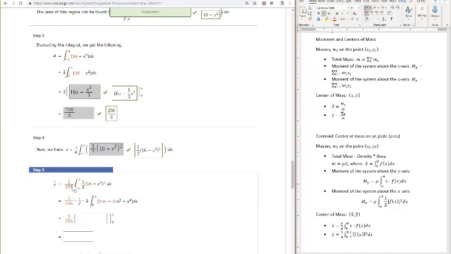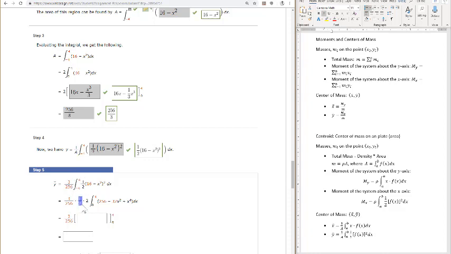So we're going to use symmetry again. Let's see how they use symmetry over here. So we have the A as 256 over 3, and the reciprocal of A, so that's 3 over 256.